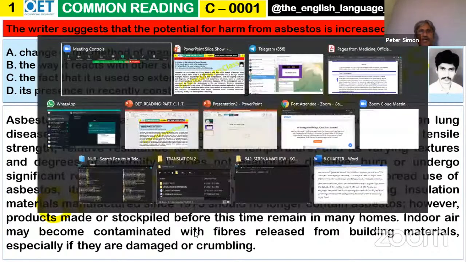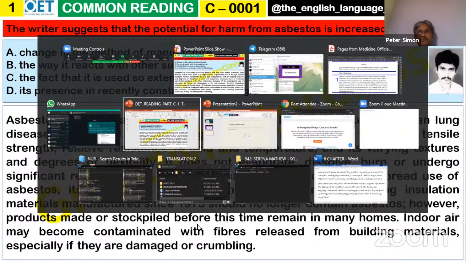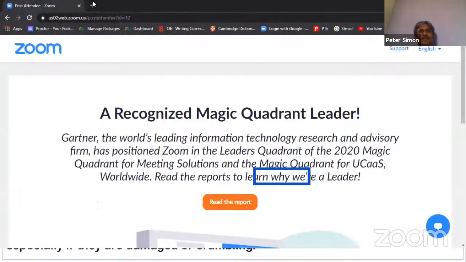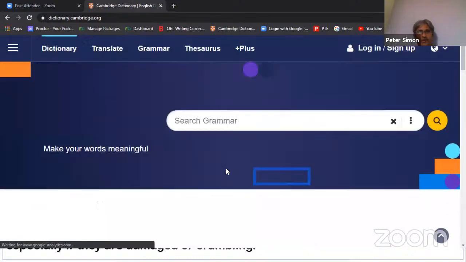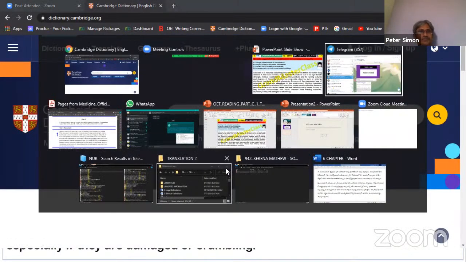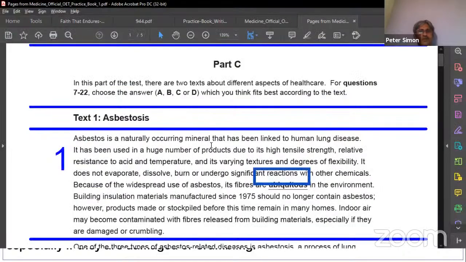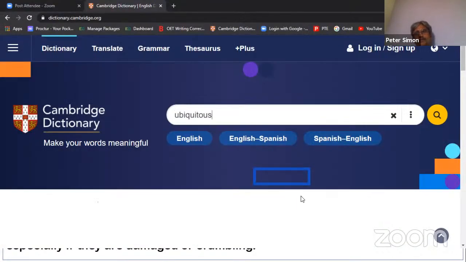Okay, I'll take you to another world. That is the dictionary world, Cambridge Dictionary. Ubiquitous.